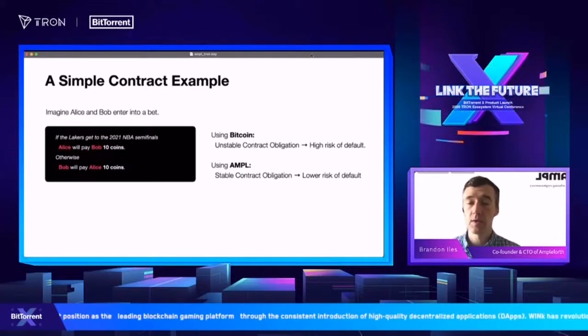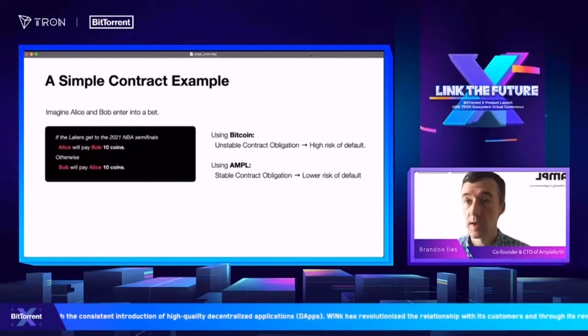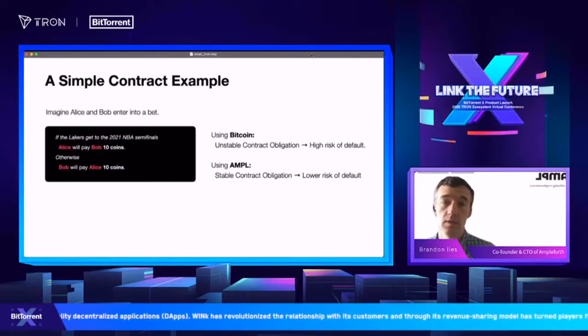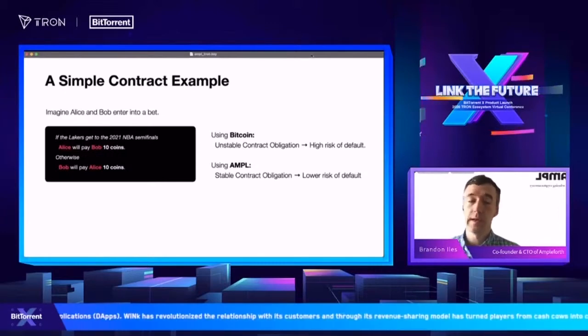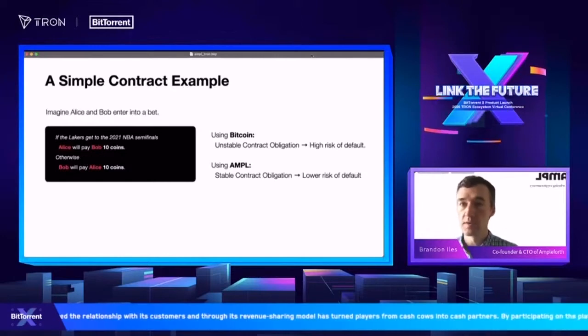So if you borrow Bitcoin now, and then the price of Bitcoin doubles, then as the borrower, you're on the hook for twice as much purchasing power as you thought you would be. And so you're at very high risk of default. Once people start defaulting on loans, that can have cascading failures across the rest of the financial ecosystem.